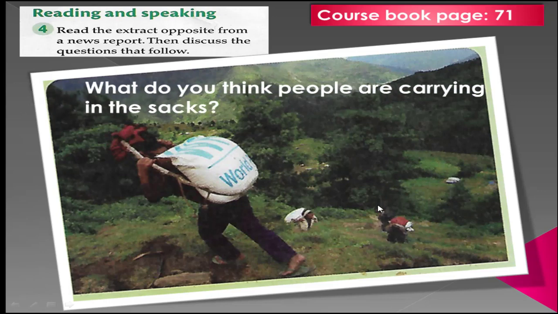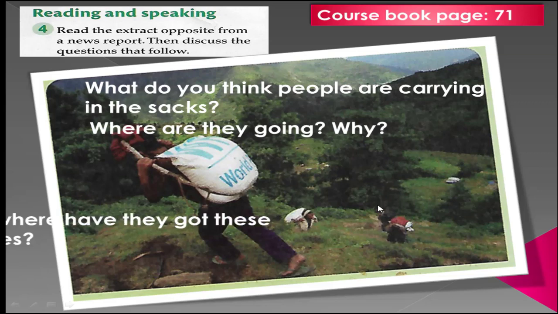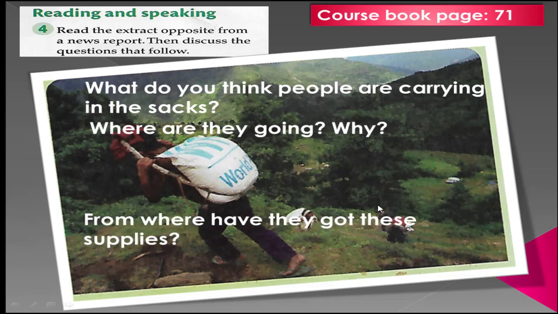What do you think people are carrying in the sacks? Where are they going and why? From where have they got these supplies? Please discuss these questions and write notes on your sticky note. You have 1 minute to do that.